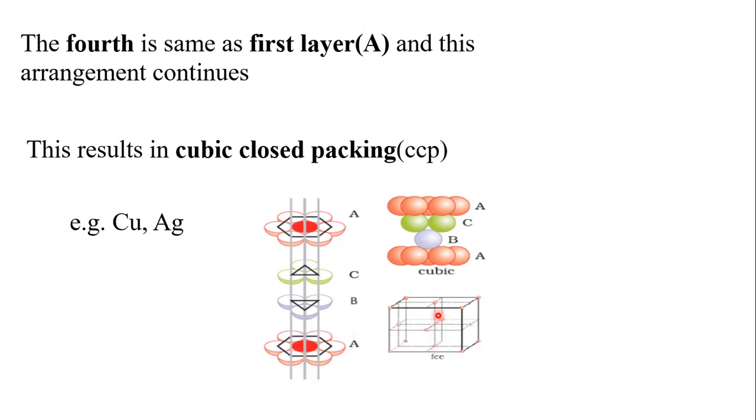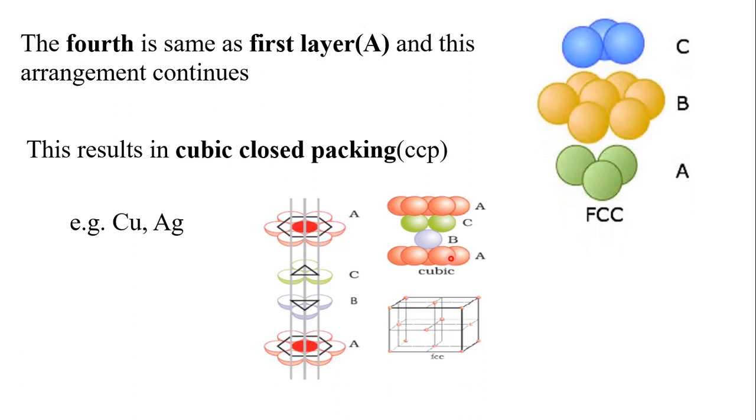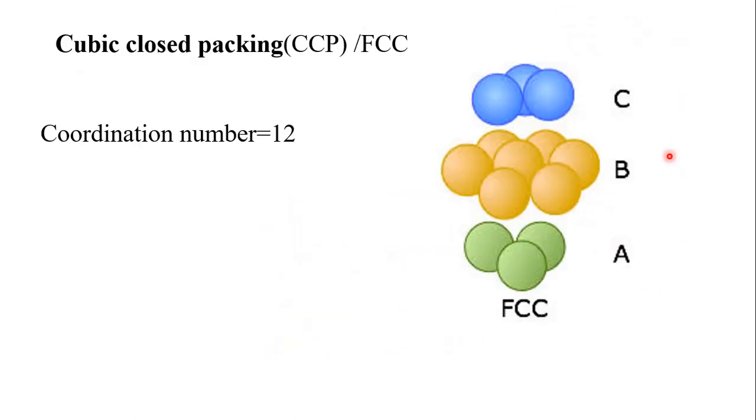And such a type of FCC structure or cubic close packed structure is obtained by the stacking of three hexagonal close packed layers, like this: A, B and C. The arrangement of A is different than B and B is different than C. So such a type of arrangement is present in FCC.